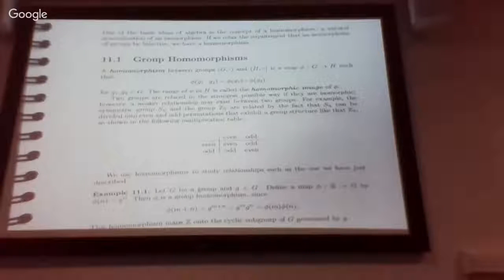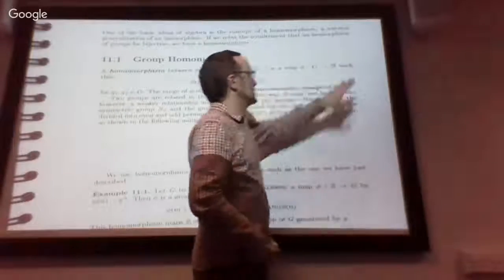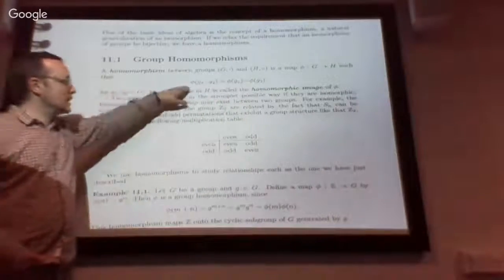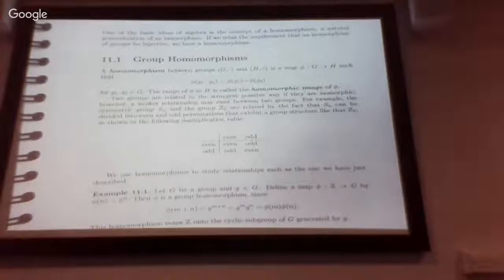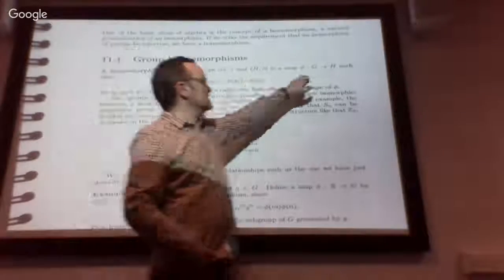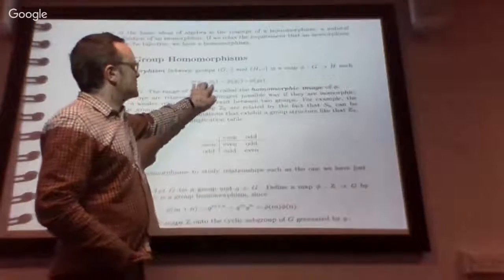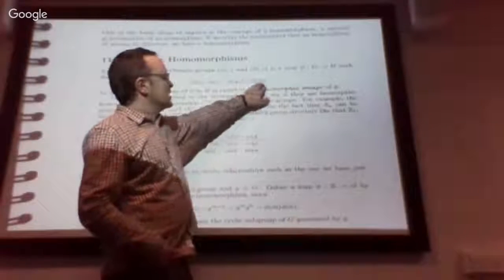Now what we're looking at here in chapter 11 is where we weaken that condition that we ask for the mapping to be a bijection. If we don't ask for that, if we're willing to consider any mapping at all from one group to another one, from G to H, but as long as it satisfies this multiplicative type property, where phi of a product g1 g2, a product of two elements in G, is equal to phi of g1 times phi of g2.